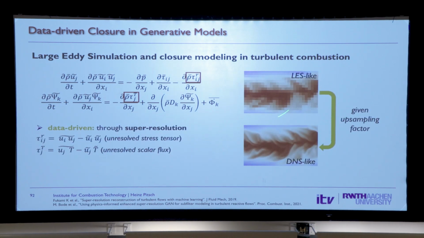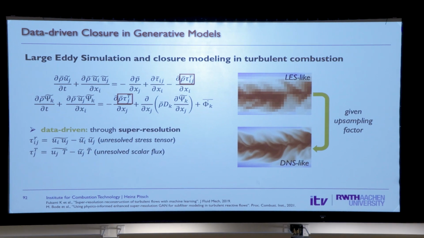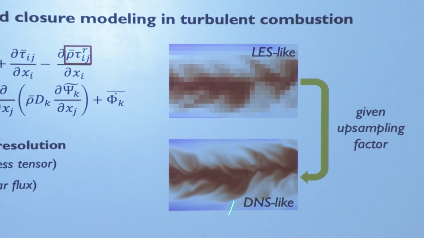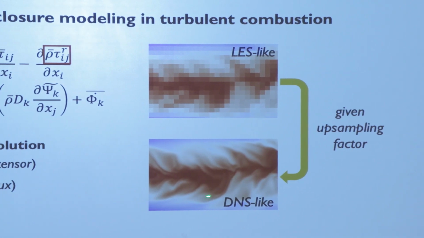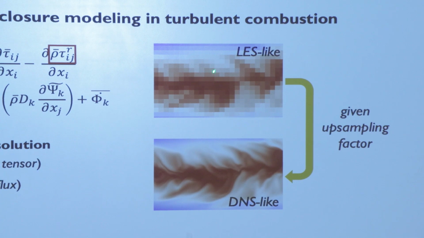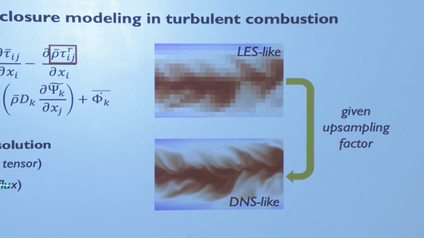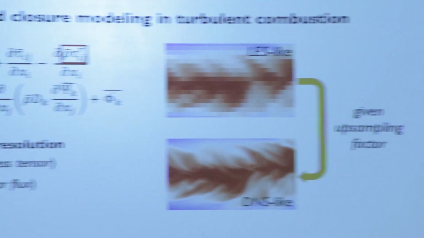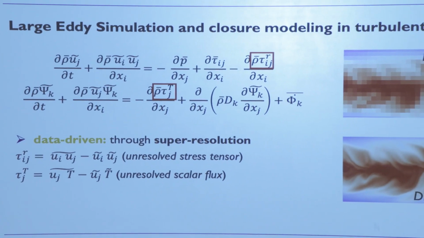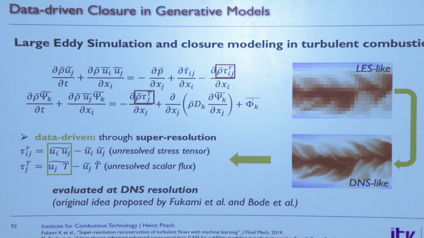So that's the idea. We have the solution of an LES, let's say, and then we use an upsampling, or what's called a super resolution technique, that makes from LES something like this, and then we can use this field to resolve these terms, plug them in the equation, and then get the next time step of this field.